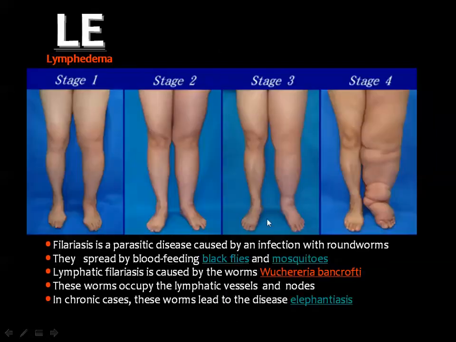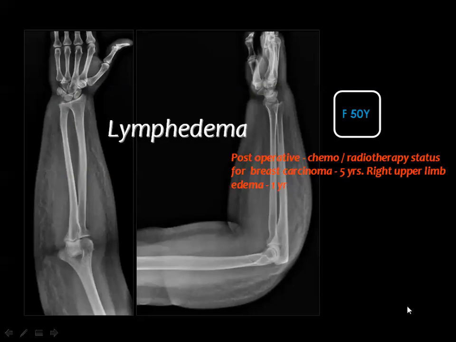There are four stages of lymphedema, starting by mild edematous changes in the dorsum of the foot, then involvement of the leg, then the development of small creases, and after that the elephantiasis or the development of diffuse limb swelling with multiple creases.